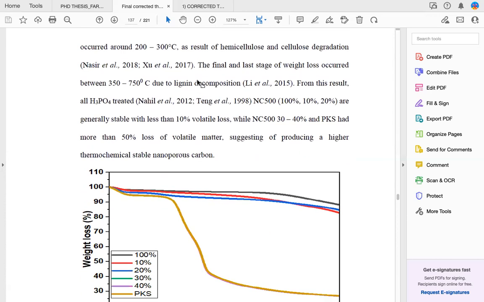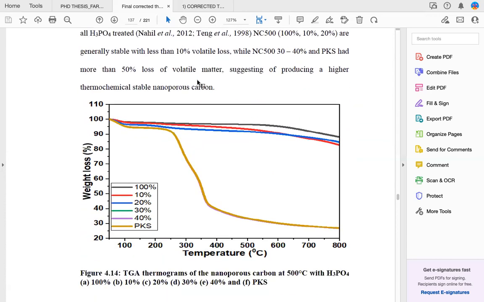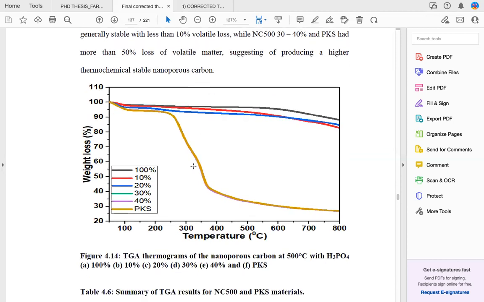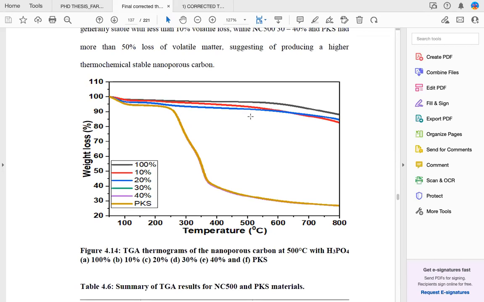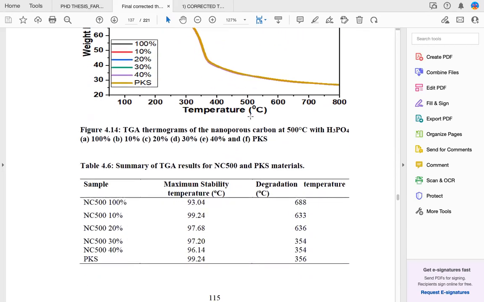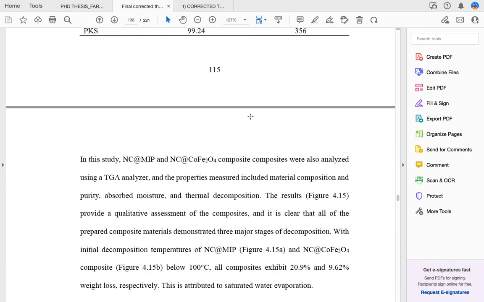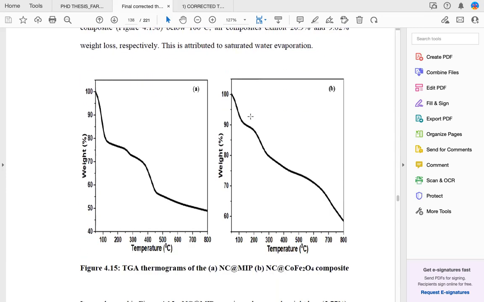Okay, so here, I'm not good in TGA, but I do teach simple TGA. You have to look at the weight loss, as mentioned just now, and then compare the original material with the modified material, to see whether there is greater weight loss. If you can come up with whether the first loss is water or whatsoever, that's much better.